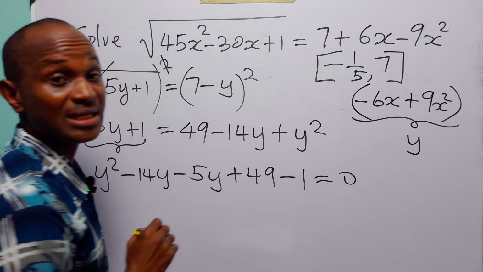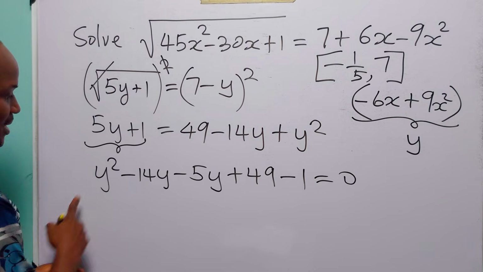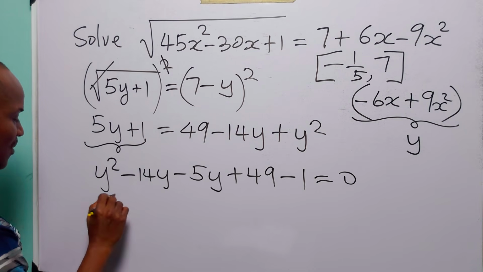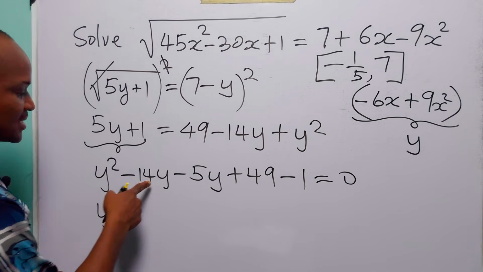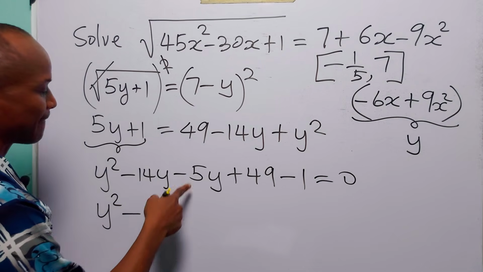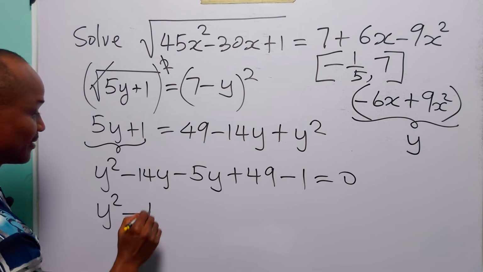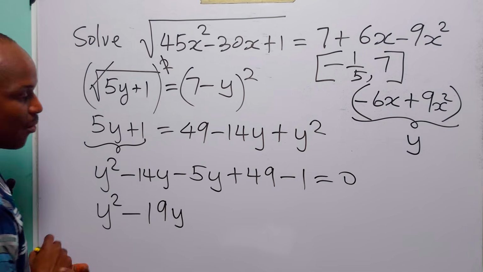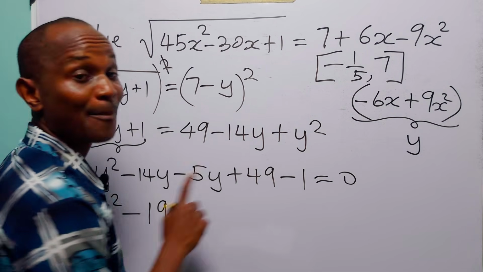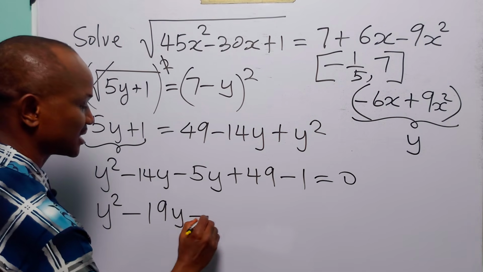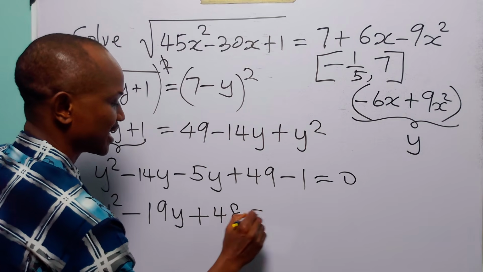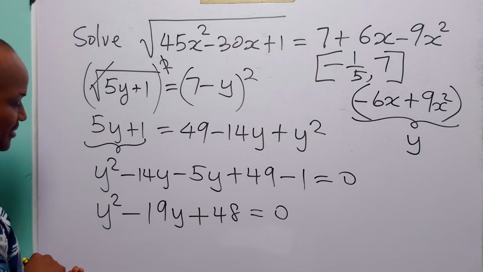And of course, everything is equal to 0. Now, from here, we have y squared minus 14y minus 5y is going to give us minus 19y. 49 minus 1, of course, is equal to 48, and this is equal to 0.